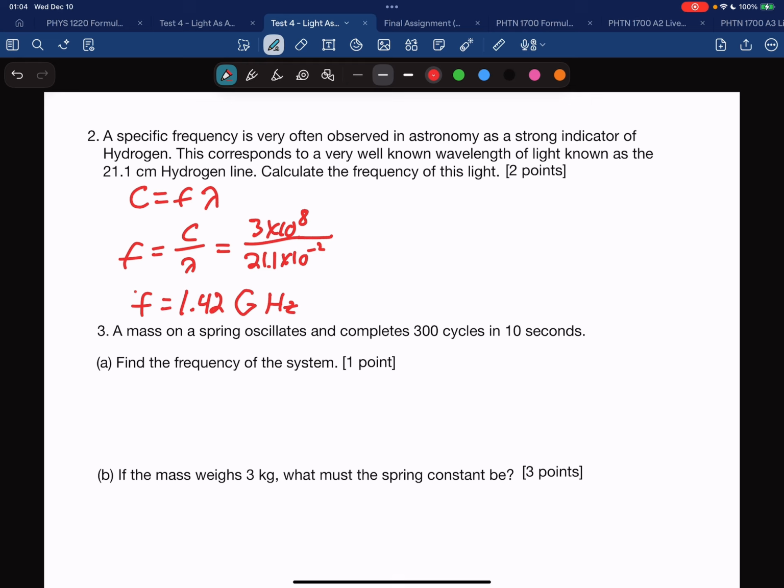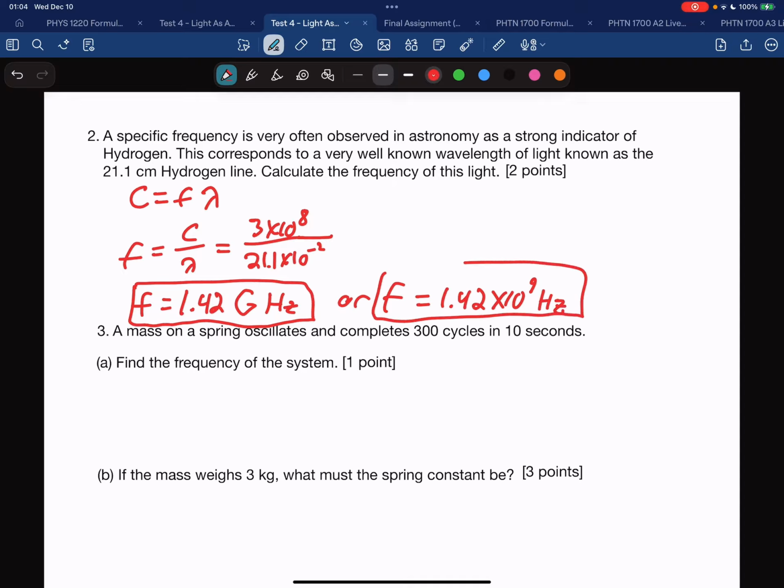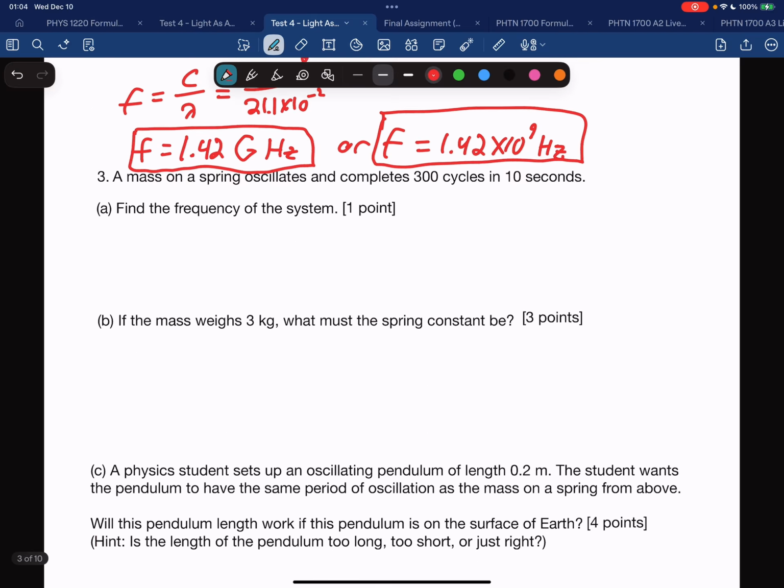That is times 10 to the positive 9. So I also accepted 1.42 times 10 to the 9 hertz. And some people just wrote out the full number as well. That was also totally fine. But that was the answer there. 1.42 gigahertz is what I was looking for.